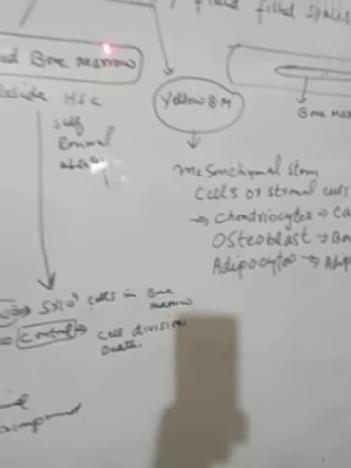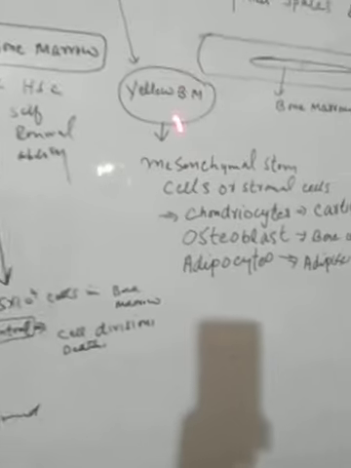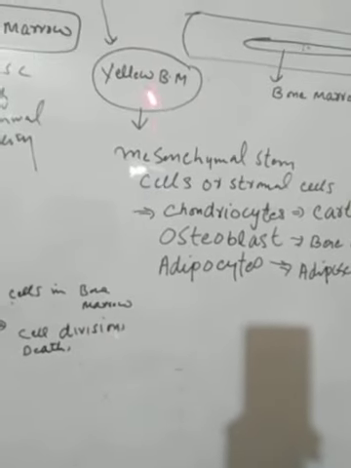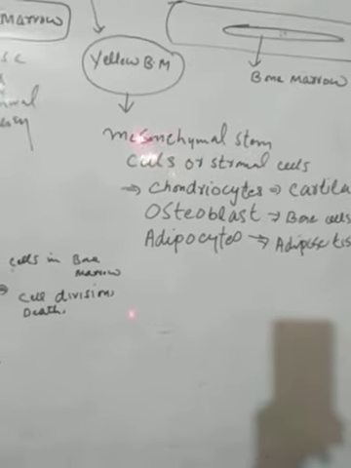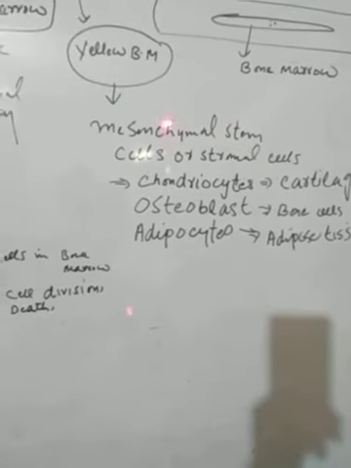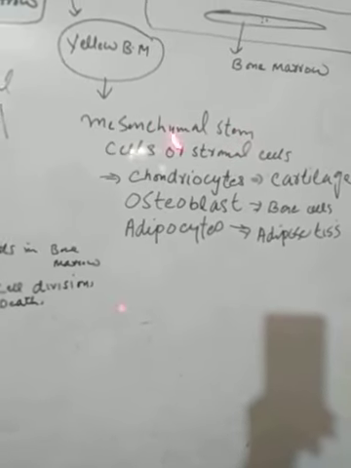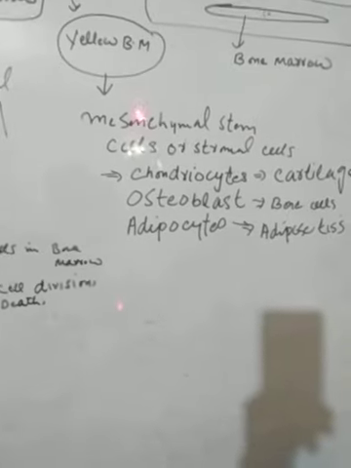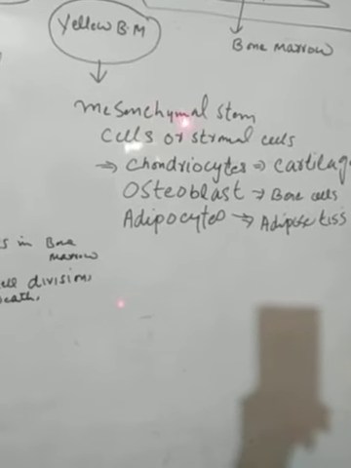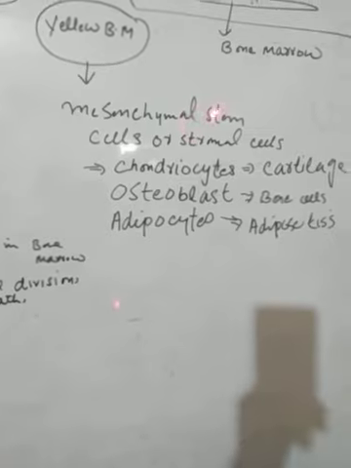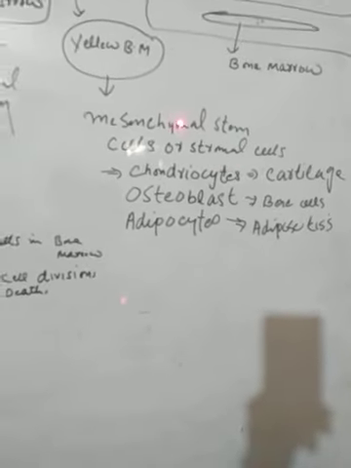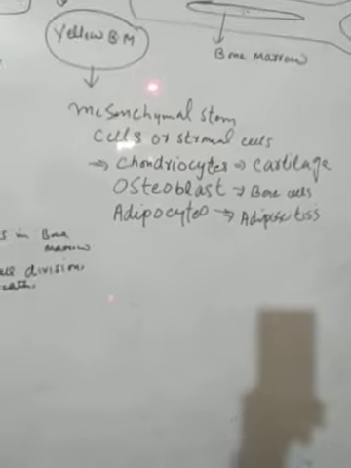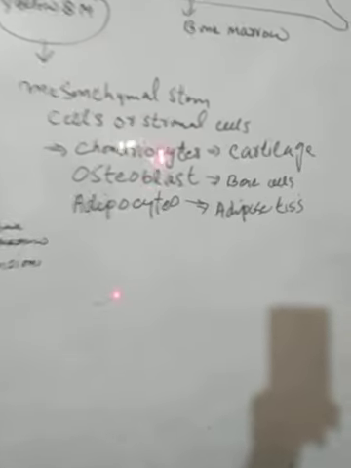Now what is the yellow bone marrow? It is the type of bone marrow that consists of specialized stem cells called mesenchymal stem cells or stromal cells. What is the function of these cells?